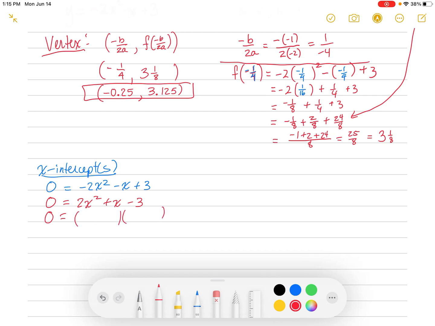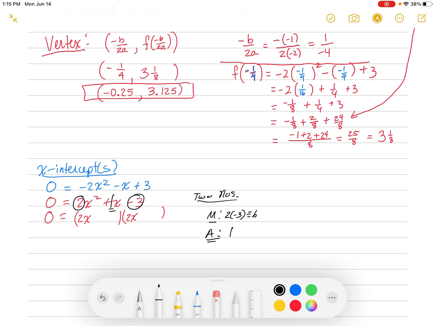So now I can factor this. You could factor this or use the quadratic formula to solve. I'm going to factor. So I'm going to put here 2x and a 2x. I'm going to find two numbers that multiply to give, let's see, 2 times negative 3 is negative 6.